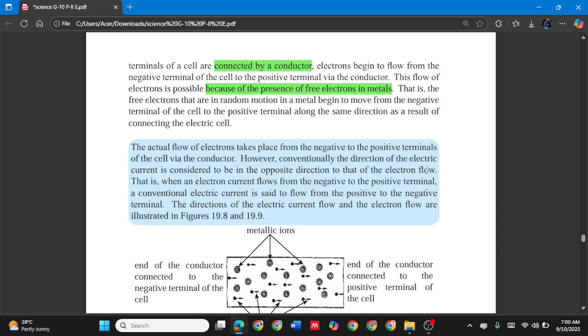That is, the free electrons that are in random motion in the metal begin to move from a negative terminal of the cell to the positive terminal along the same direction as a result of connecting to the electric cell.